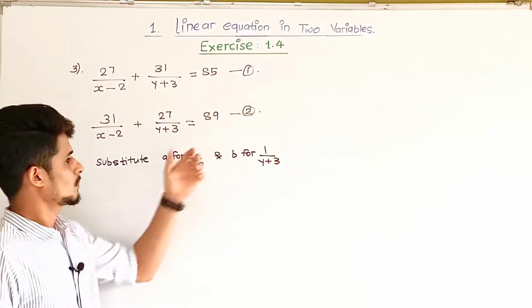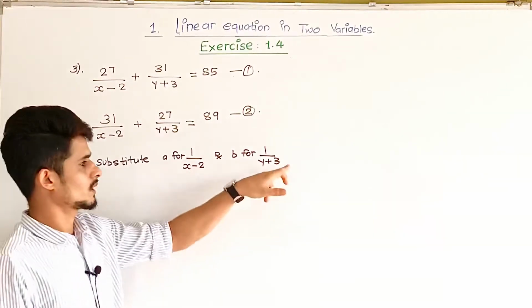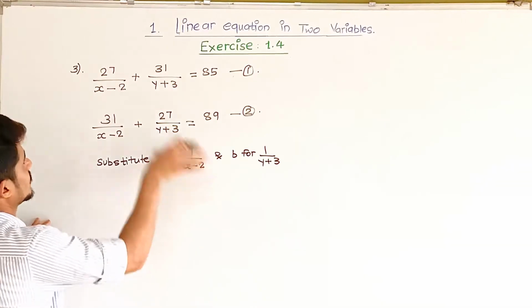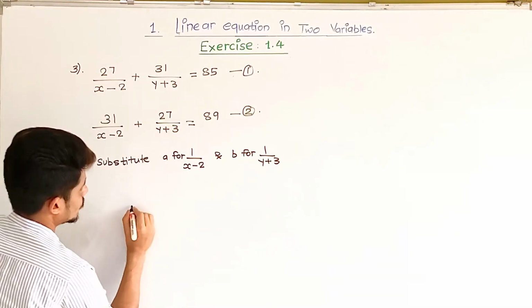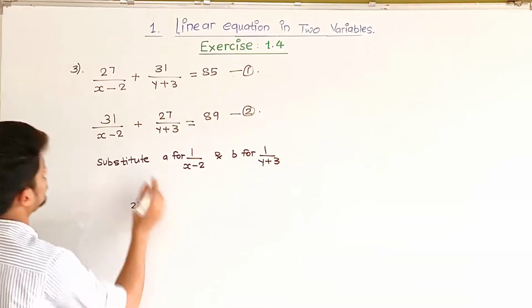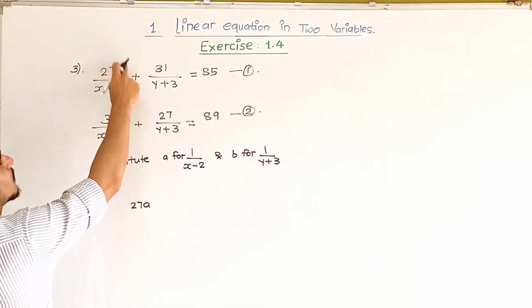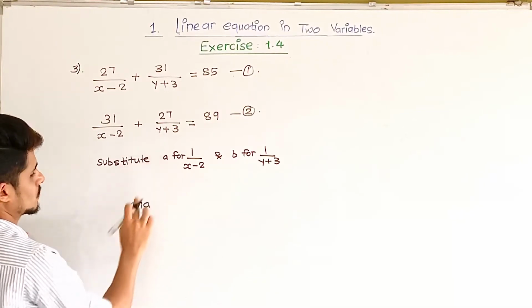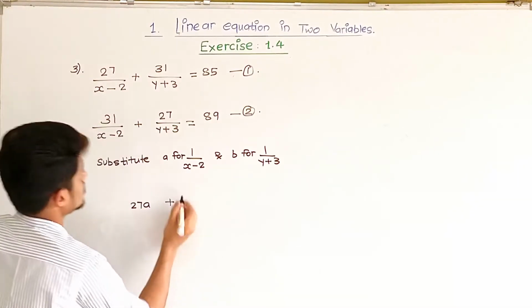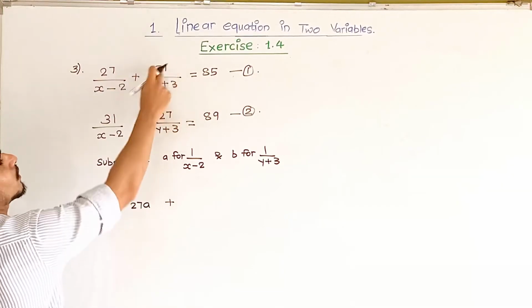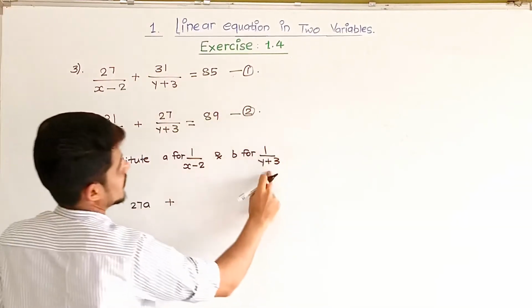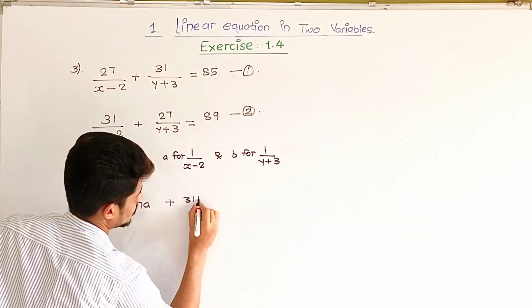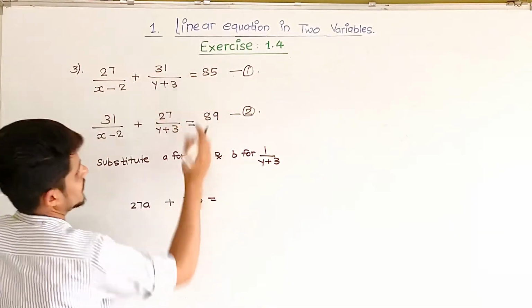Substitute a for 1 upon x minus 2 and b for 1 upon y plus 3. After substituting, the equation will be 27a, that is 27 into 1 upon x minus 2, where 1 upon x minus 2 is a. So 27a plus 31 into 1 upon y plus 3, where 1 upon y plus 3 is b, so it will be 31b is equal to 85.